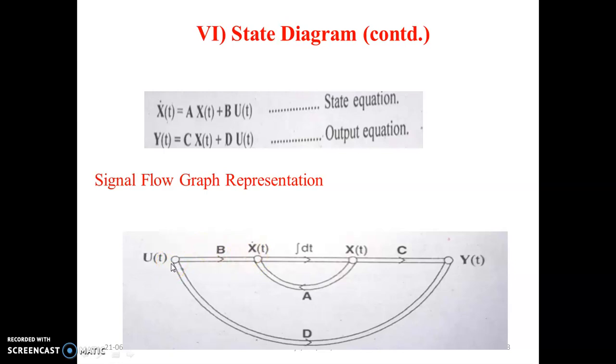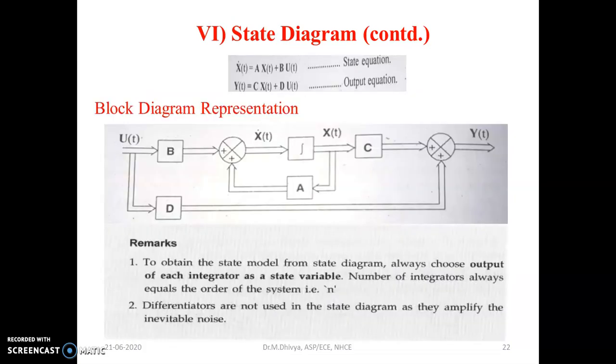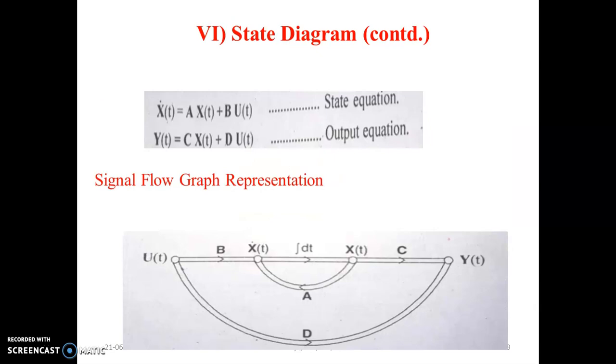Here, the nodes are u of t, x dot of t, x of t, y of t, and the transition gain from one node to another, or the transmittance from one node to another, is given by the constants or the coefficients A, B, C and D. Just correlate the block diagram and the signal flow graph representation.